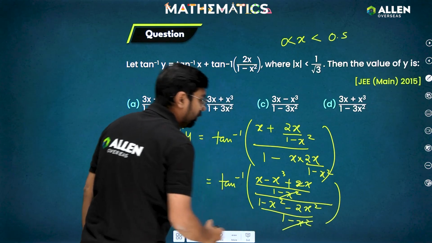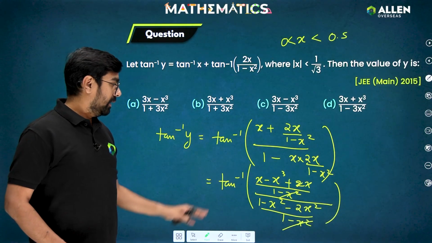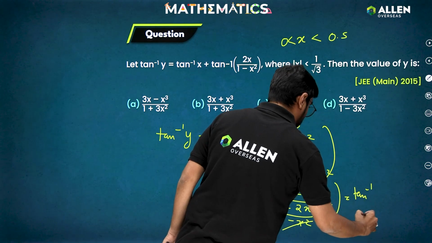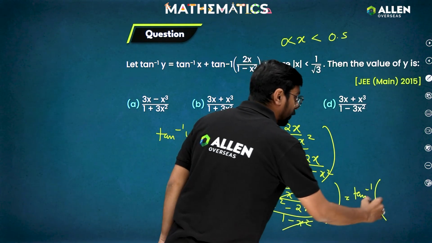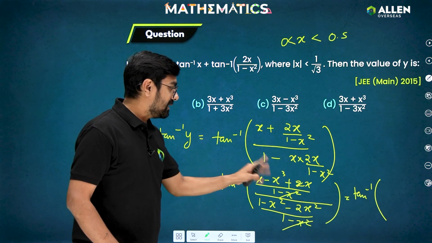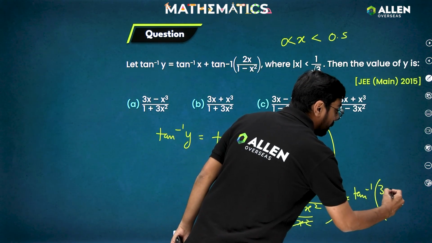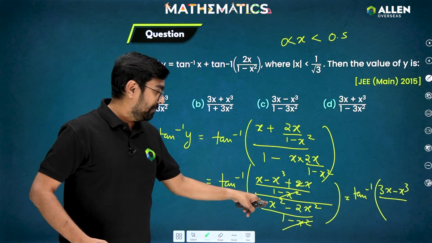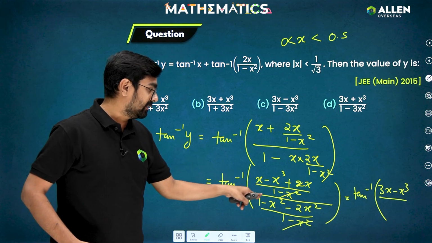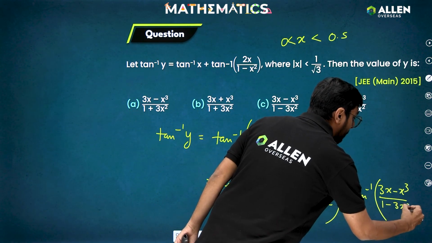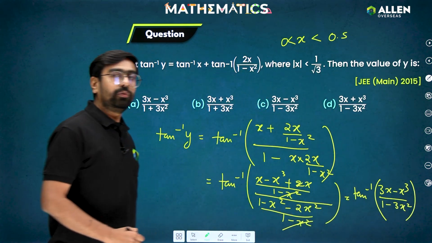Now this part is going to get cancelled. After cancelling, I'm just going to have tan inverse of, in the numerator, x minus x cube plus 2x, that means 3x minus x cube. And in the denominator, I am going to have 1 minus x square minus 2x square, so 1 minus 3x square.